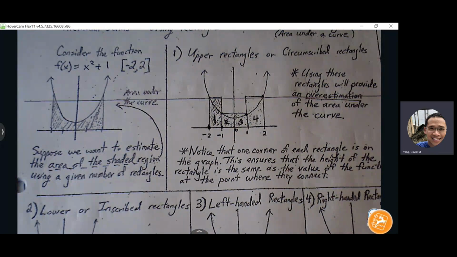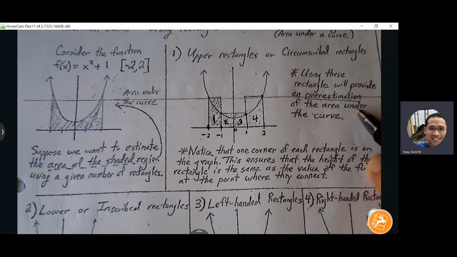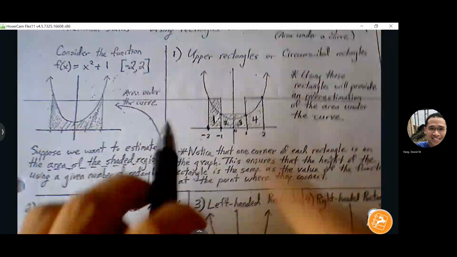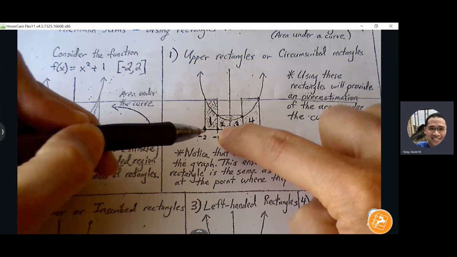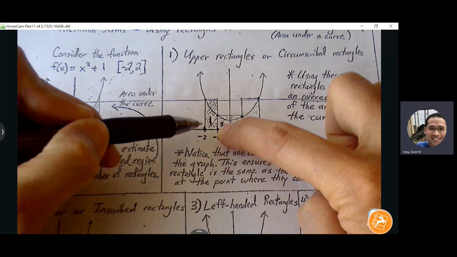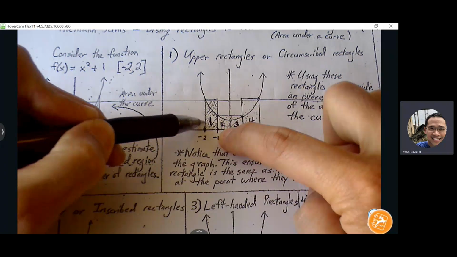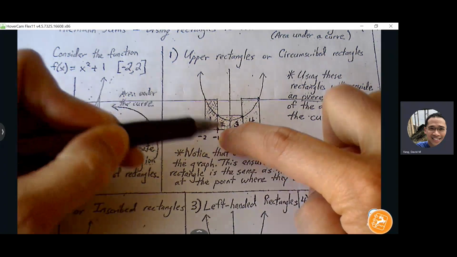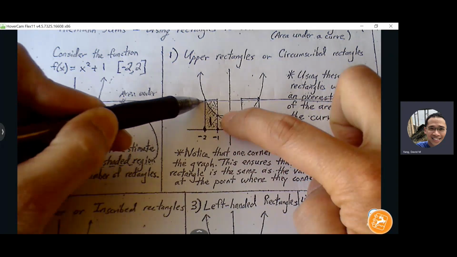Now, the way that we create these upper rectangles, or ensure that every rectangle is going to sit above the curve, or at least portions of it above the curve, we're going to look at each subinterval, and look at the height of each subinterval towards the curve. If I extend -2 to the curve versus -1 to the curve, which one is going to produce a higher y value? -2.